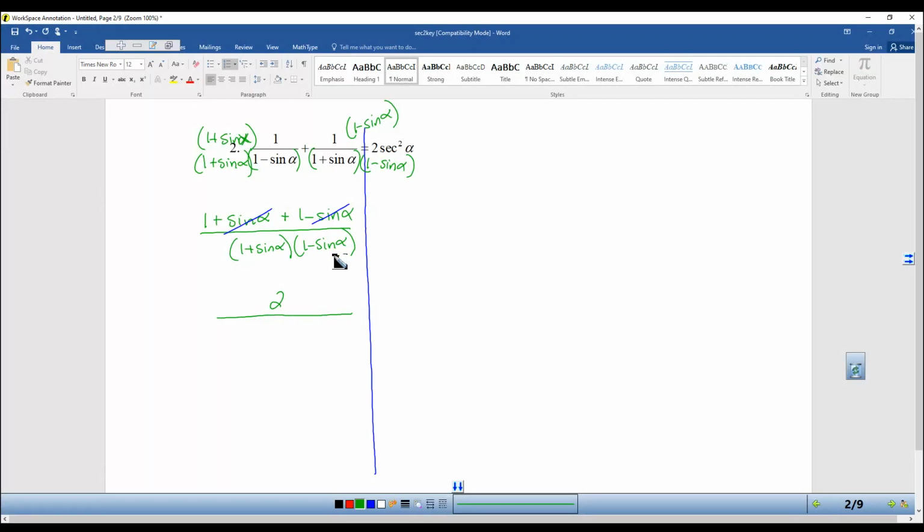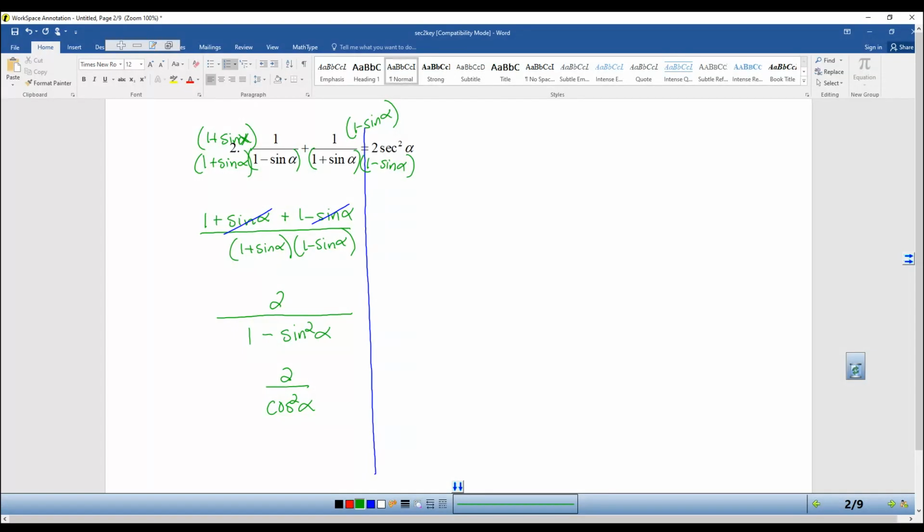So a little bit of forethought here. I have sines, but I need secant. Secant is related to cosine. Well, the only way you're ever going to change a sine to a cosine is if it's a sine squared. So I am going to multiply it out. First times the first, outers and inners cancel, and minus sine squared alpha. Again, that is an identity. It is cosine squared alpha.